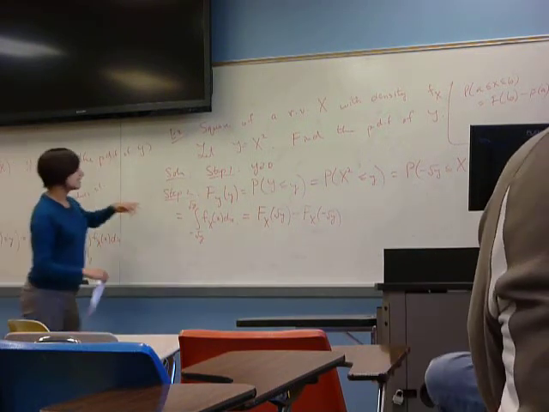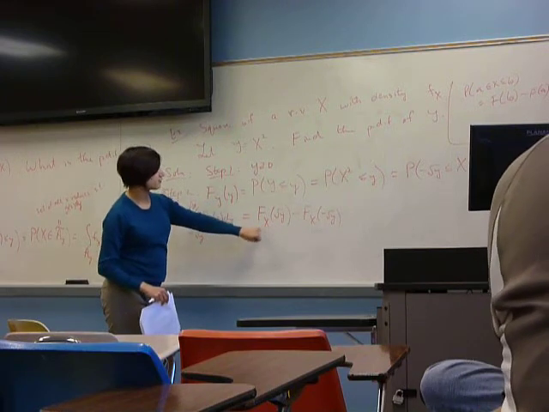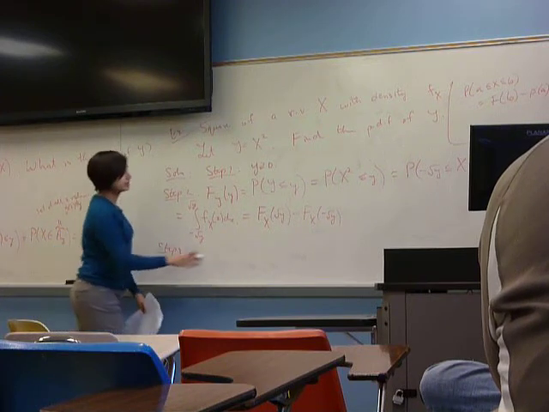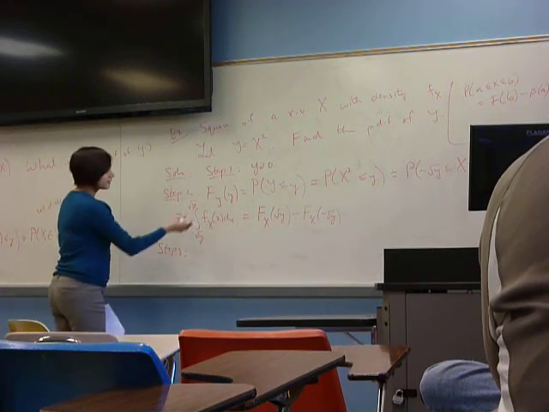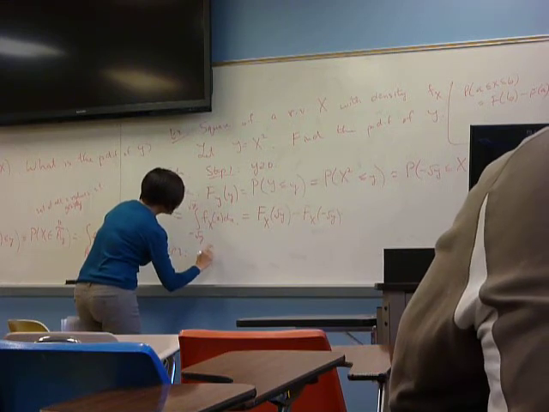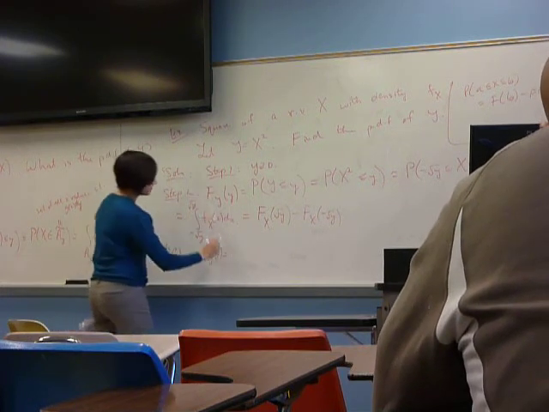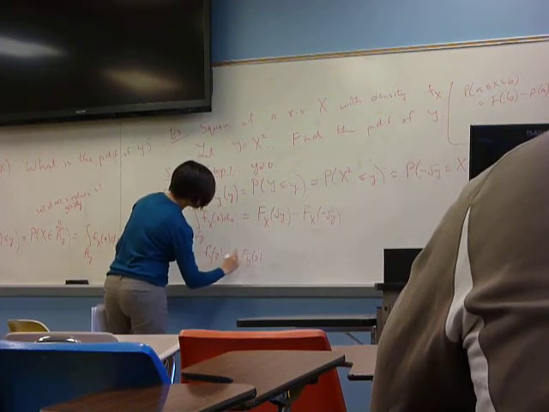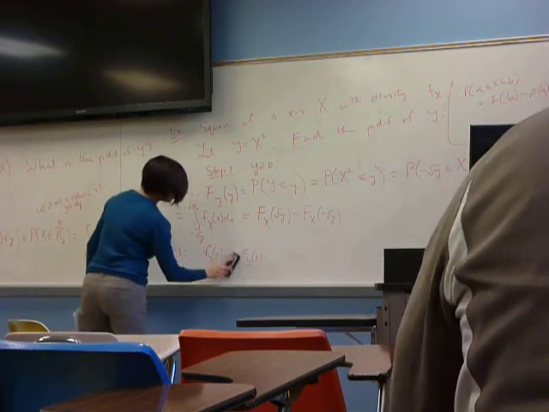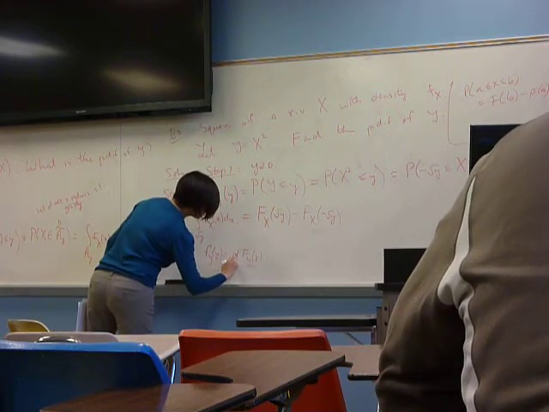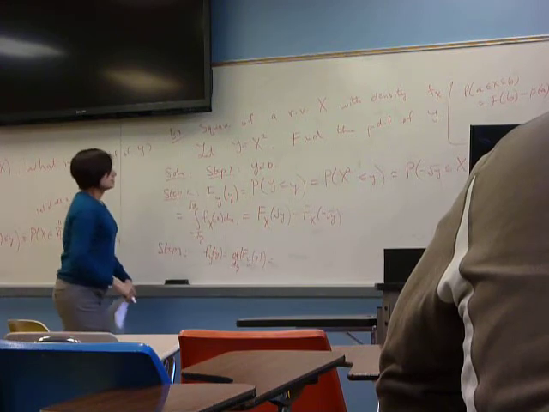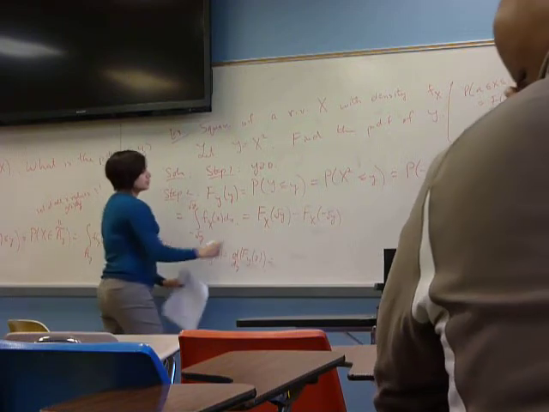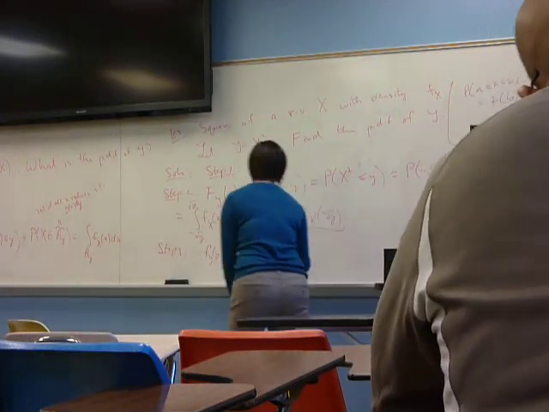Now, it's good that we can write this in terms of the distribution function for x, because when we differentiate this, we will get the density function of x. So let's differentiate. The density function of y is just the derivative of this, so we need to differentiate this with respect to y. What is the derivative of this with respect to y?